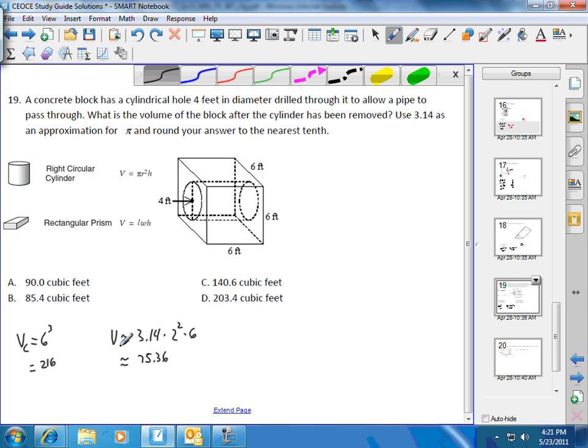So we're going to subtract. I'm going to put CYL for cylinder, volume of the cylinder. So we're going to subtract from the volume of the cube, 216, the volume of the cylinder part removed, and we have, what is that, 216 minus 75.36, we have 140.64.